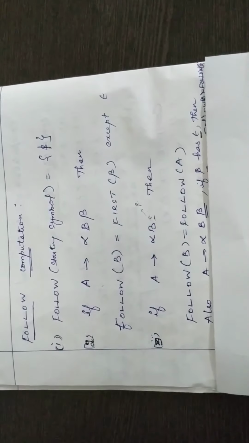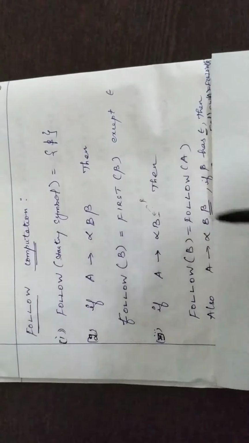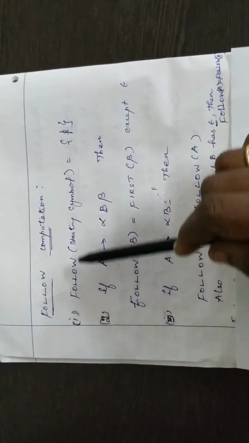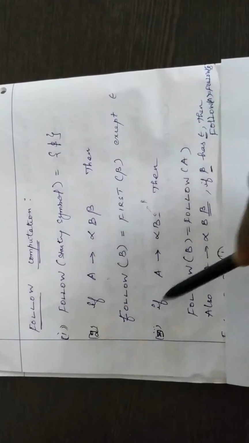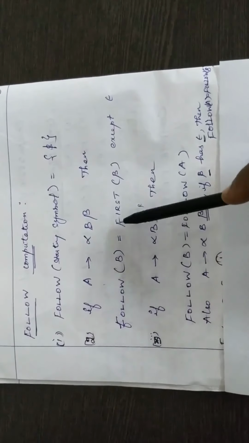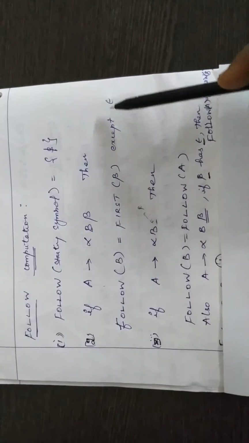Before moving to the example, we will have a quick look at these rules. Follow computation: follow of starting symbol is $, as we discussed before. If A tends to alpha B beta, then follow of B is equal to first of beta except epsilon.